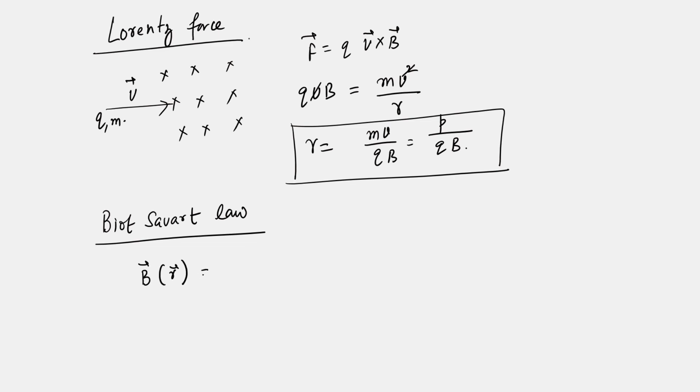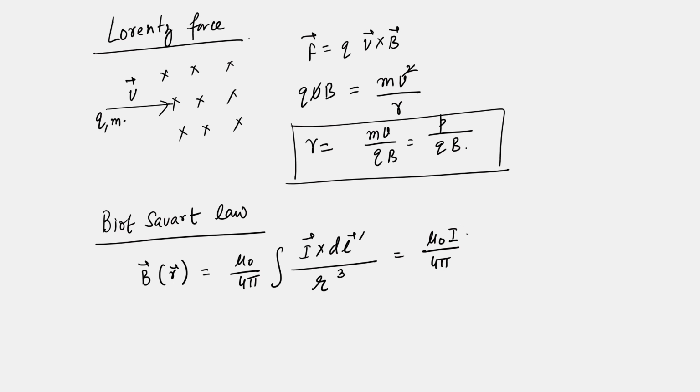So, this is equal to mu 0 over 4 pi, I cross dl prime divided by r cube. Mu 0 is known as the permeability of free space, and mu 0 divided by 4 pi has a value, which we will tell you in a while.